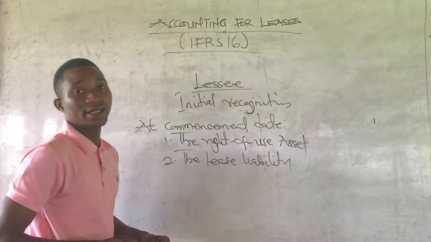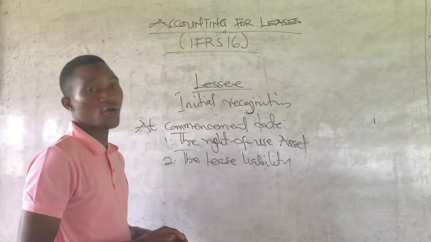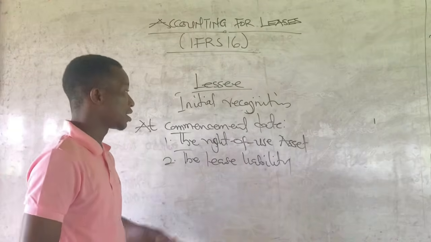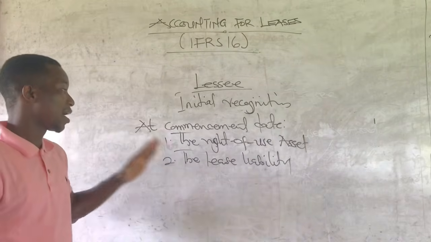So basically, these are the two things the lessee has to do at the initial recognition stage. That is, at the commencement date, the lessee has to recognize the right of use asset and the lease liability.